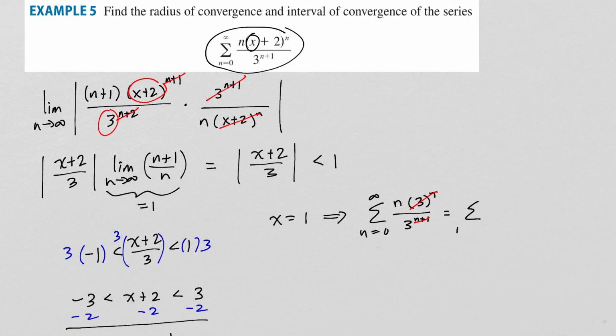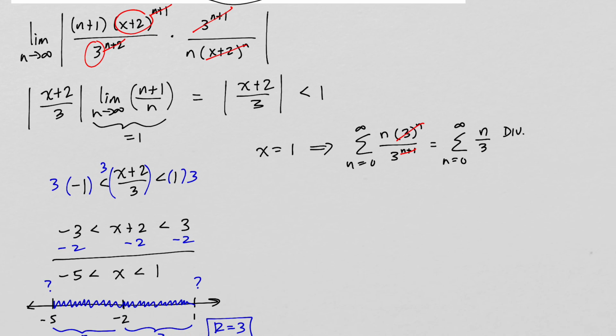And this is the sum n equals 0 to infinity of n divided by 3. And this diverges, okay? And it diverges by the divergence test because if we take the limit as n goes to infinity of n divided by 3, we get infinity, which is not 0 and therefore diverges by the divergence test.